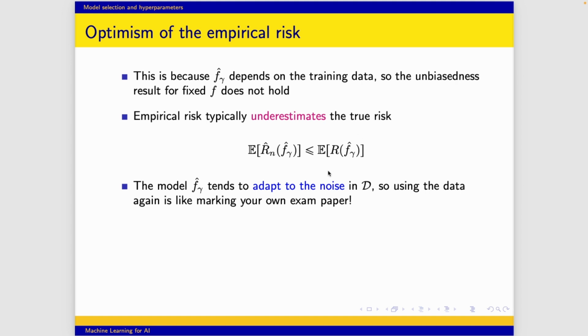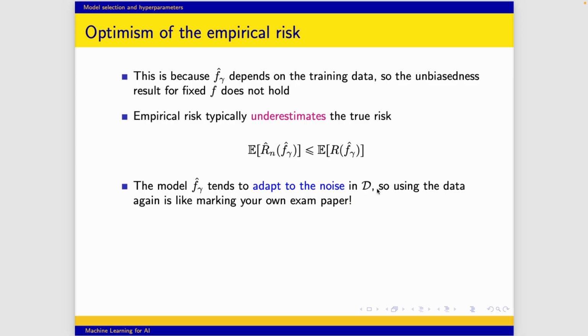So why is this? Well, it's because when we perform the empirical risk minimization to get F hat gamma, the model will adapt to the noise in our dataset because we have only one dataset. If we then use the same dataset to measure the risk or to approximate the risk, we are basically cheating.